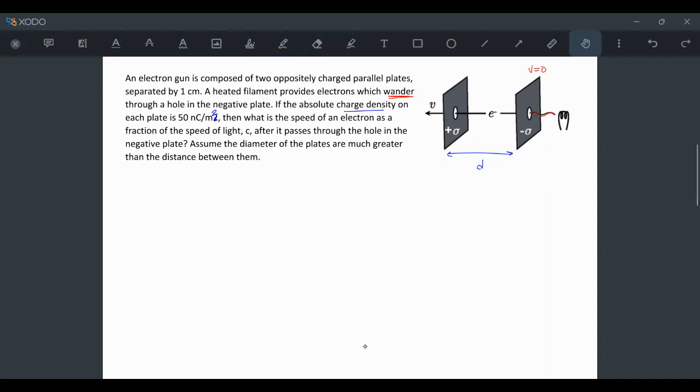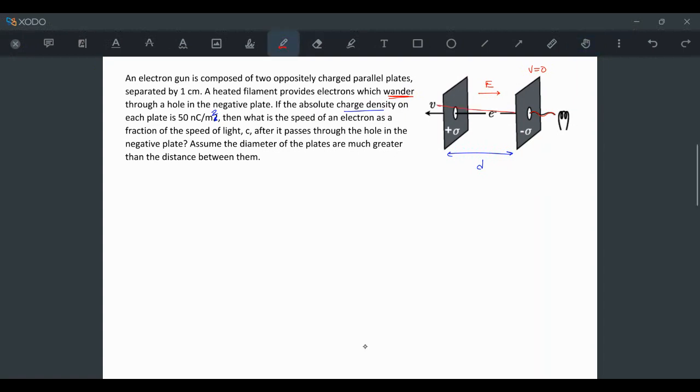It's repelled by the negative charge distribution on the first plate. It's attracted to the positive charge distribution on the second plate. Another way of thinking about that is there's an electric field in here which points from positive to negative, and negative charges move opposite the direction of the field.